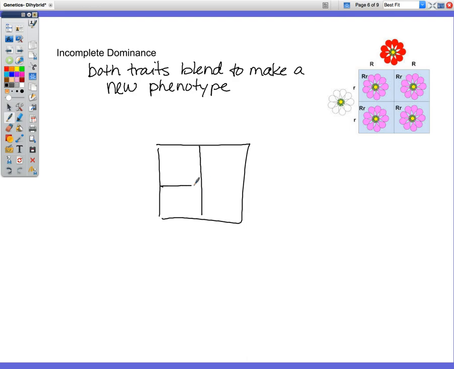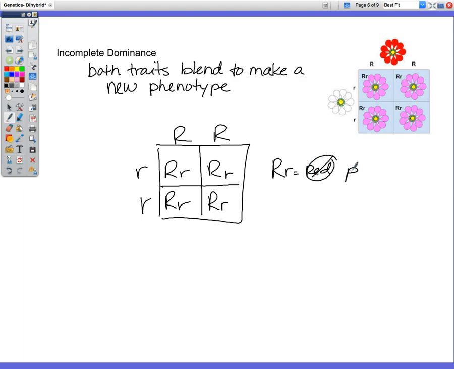So if we did the one that's in the picture, we would have our capital R, little r. Instead of big R, little r being red, it is now pink because our red and white created pink.